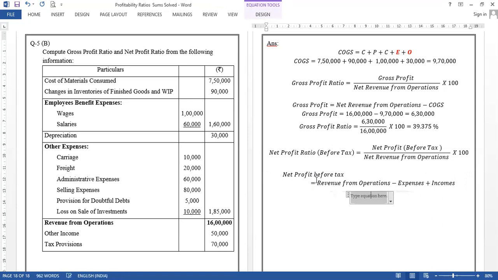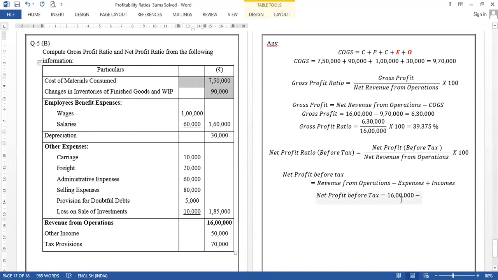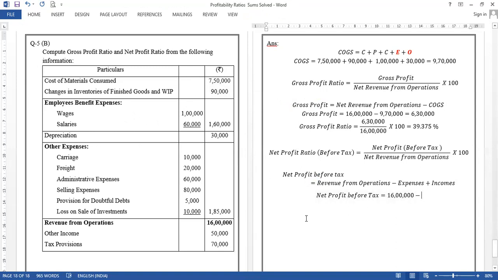So net profit before tax is equal to, I have revenue from operations as rupees 16 lakhs, right? Now I need to deduct the expenses. I start from here. Cost of material consumed and changes in inventory, 7,50,000 plus 90,000 is 8,40,000. So let me write this 8,40,000, right? Minus I have employee benefit expenses 1,60,000 and depreciation is 30,000.